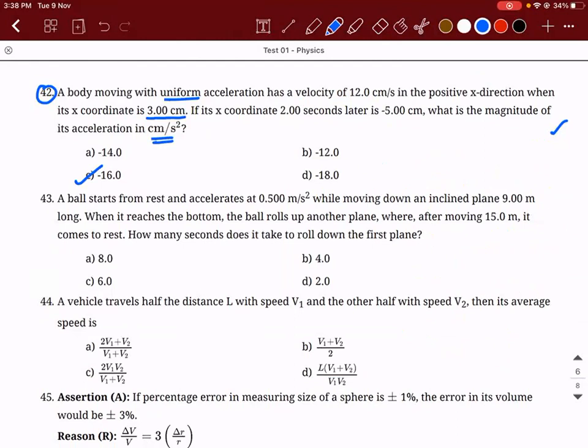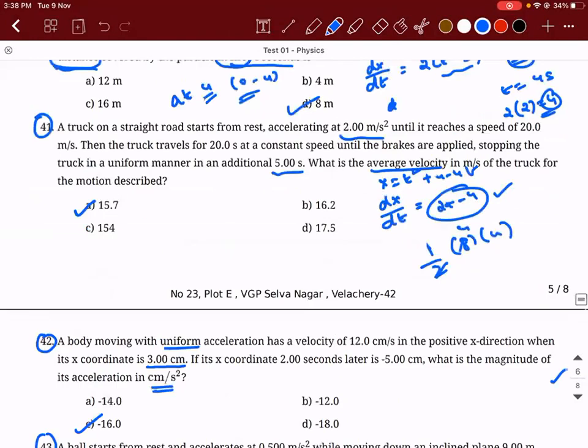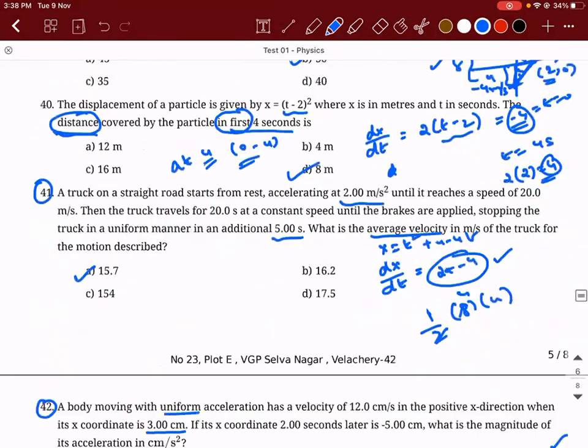Okay, listen, guys. 43rd. There is a ball that starts from rest and accelerates at 0.5 meters per second square. Oh, I think it's a similar question, right? But in the previous two cases, it was velocity and acceleration they asked.